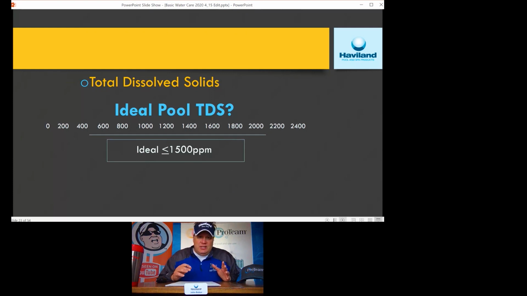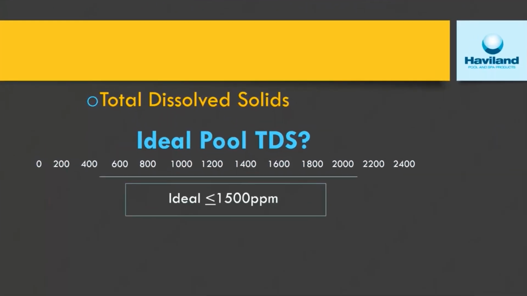Unless you live out west and you've got an RO rig where you can pump this thing and just circulate that water and remove everything out of it. But for us here in the Midwest, water's a little more plentiful. We drain, we refill. So 1,500 beyond where you started, time to drain some water.